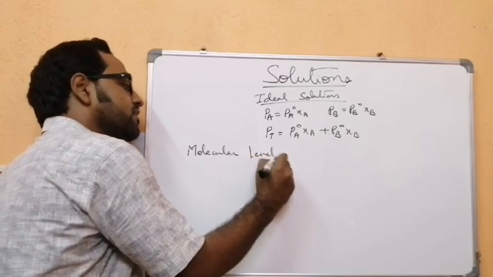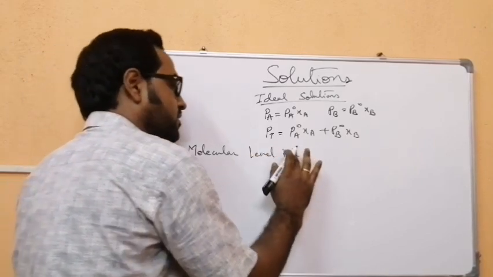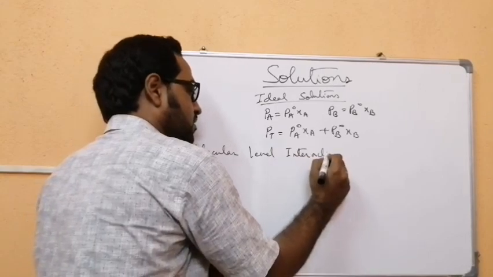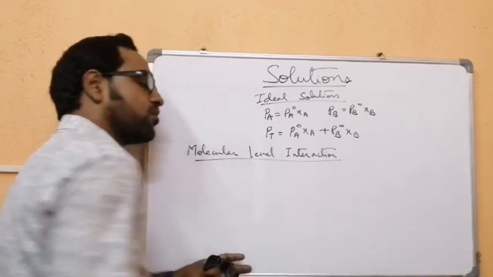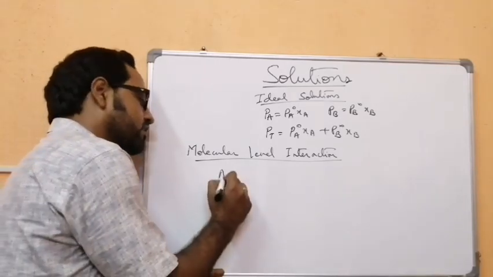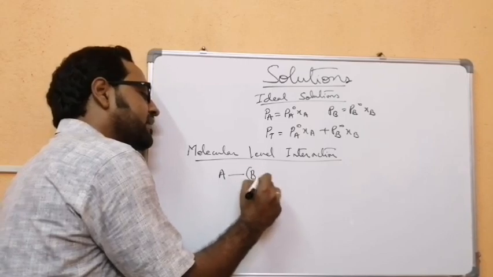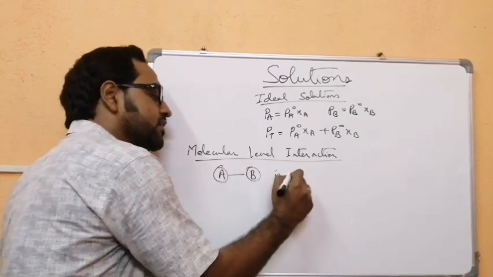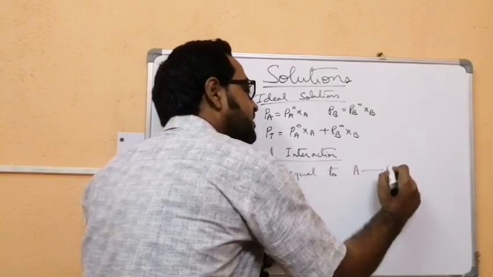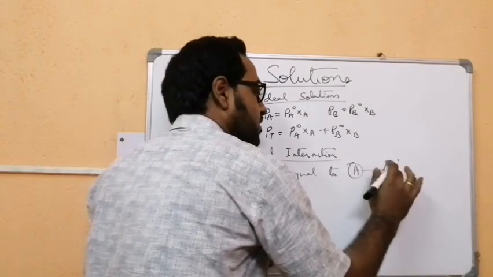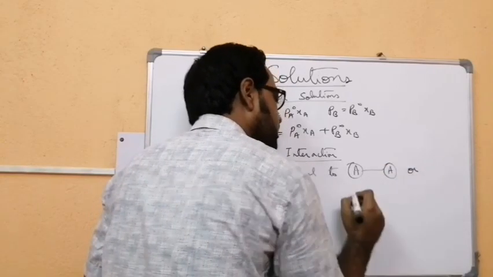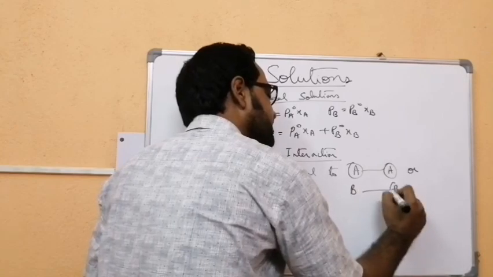Molecular level interaction. So what is molecular level interaction in case of ideal solution? In case of ideal solution, the A-B interaction is equal to AA interaction or BB interaction.